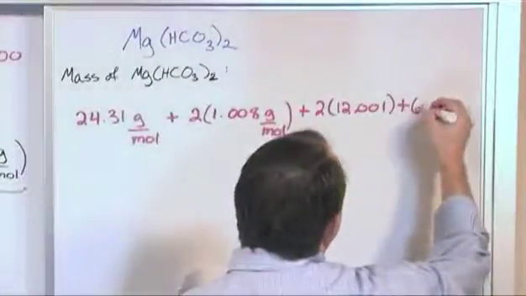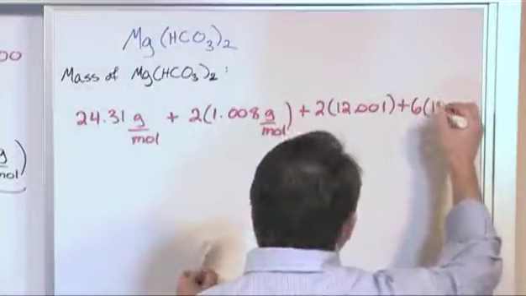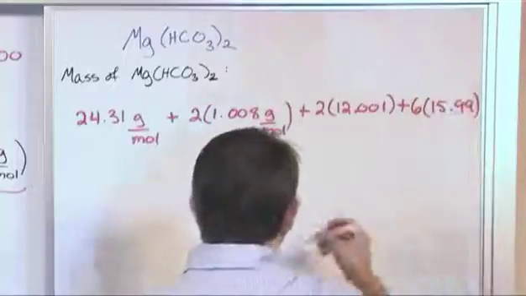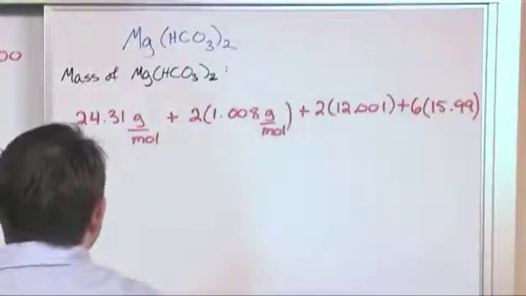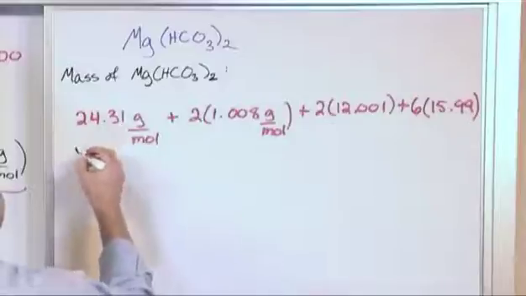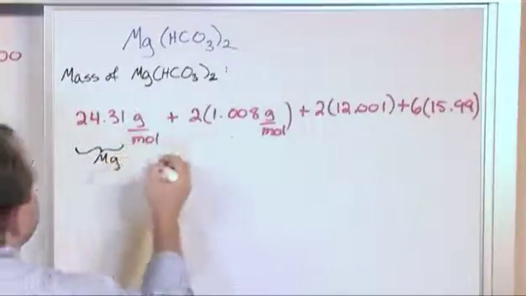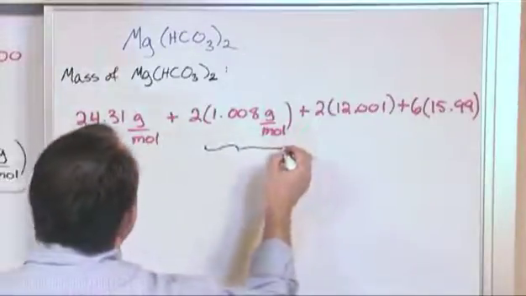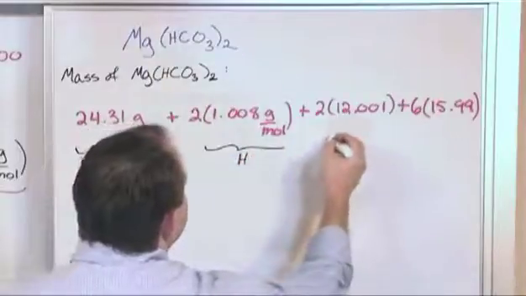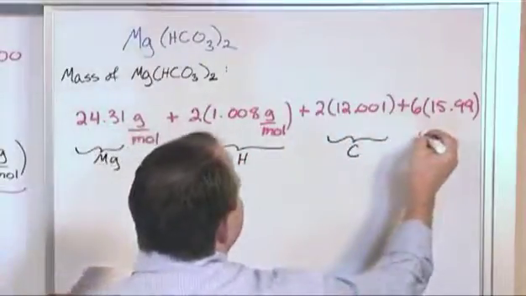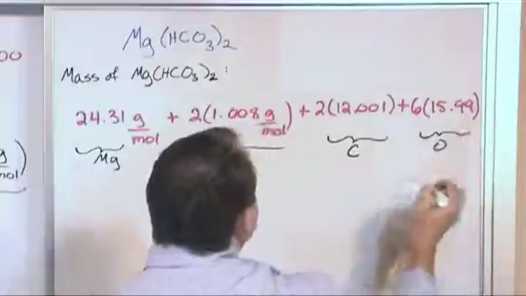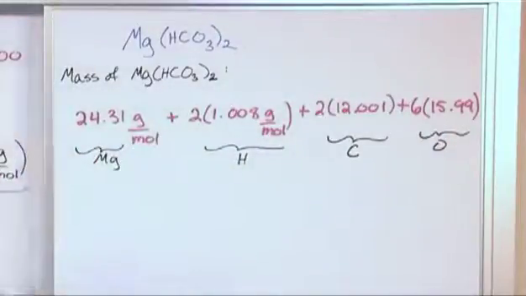So I have 6 times 15.99 grams per mole. So just to make sure we're on the same page, this is for the magnesium. This guy is for the hydrogen. This guy is for the carbon, and this guy is for the oxygen. And we just use the subscripts to figure all that out.